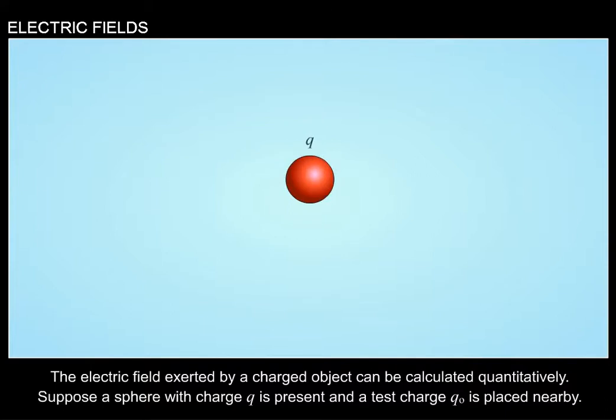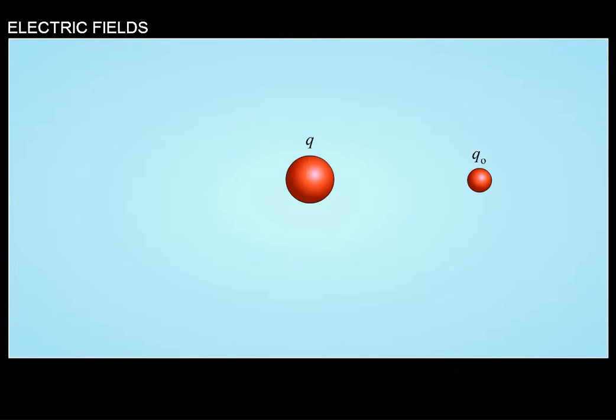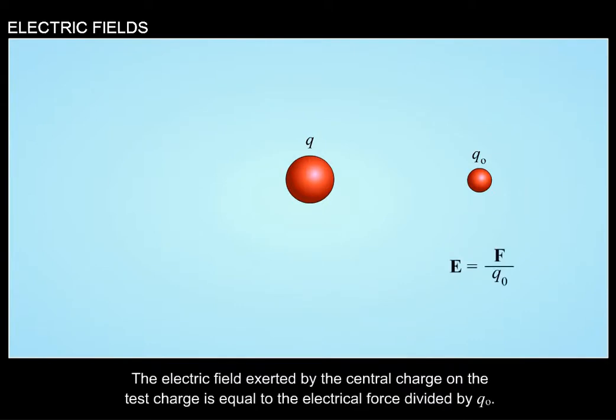The electric field exerted by a charged object can be calculated quantitatively. Suppose a sphere with charge Q is present and a test charge Q0 is placed nearby. The electric field exerted by the central charge on the test charge is equal to the electrical force divided by Q0.